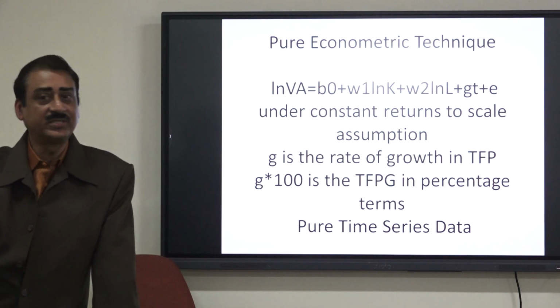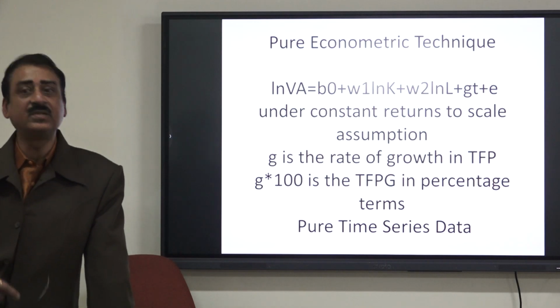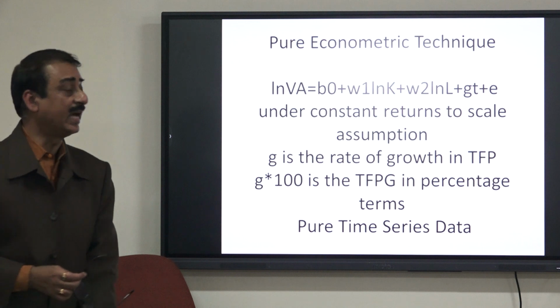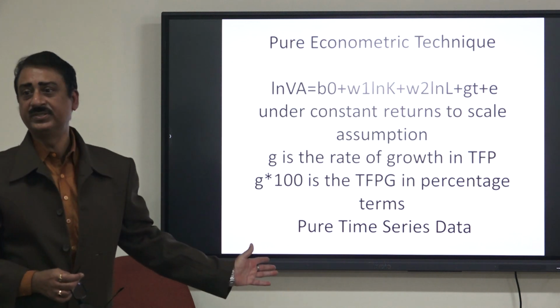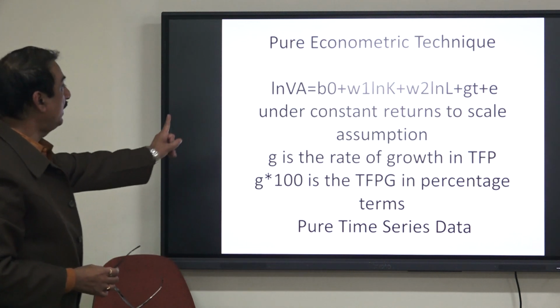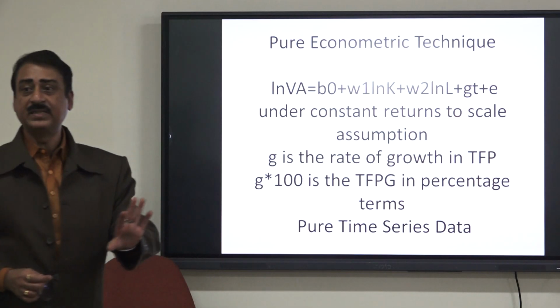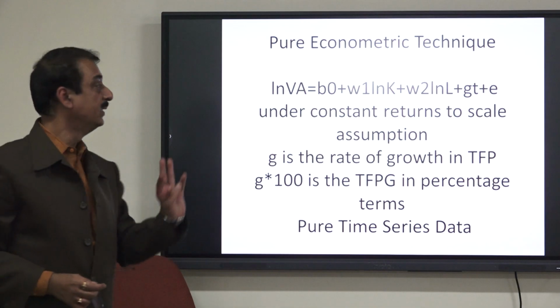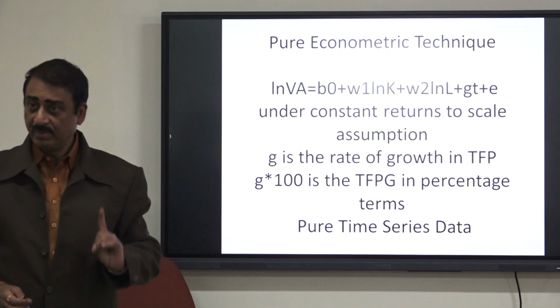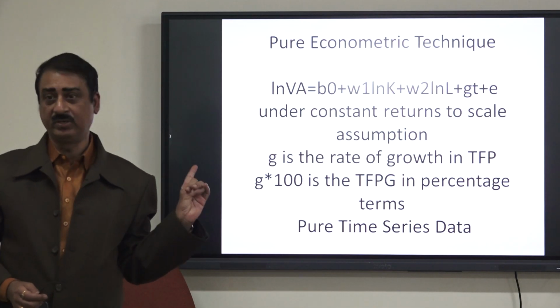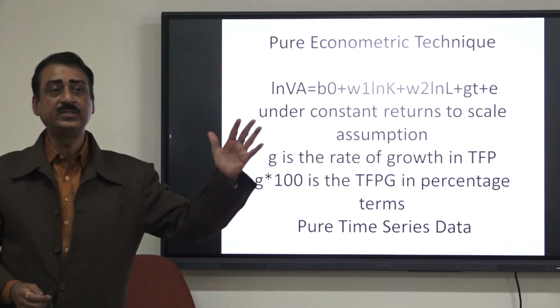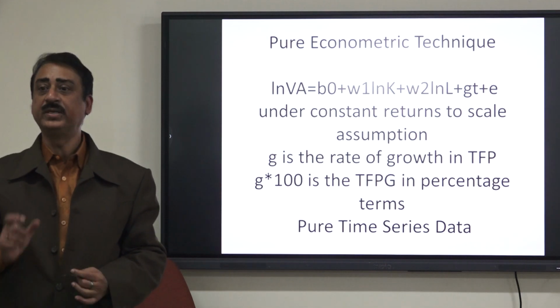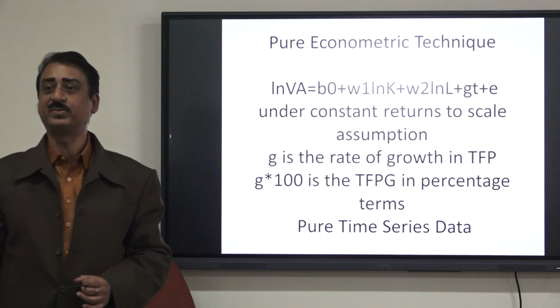Whether yours is 80% and mine is 70%. That is what can be calculated through technical efficiency. But here we are considering the three methods I mentioned to you: one is the pure growth accounting technique, another is the semi-econometric technique, and the third is the pure econometric technique. In these three you can essentially work out the total factor productivity growth.